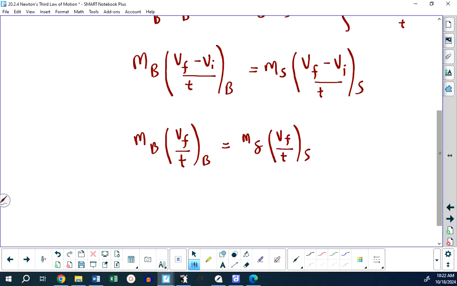And then I'm going to do this. I'm going to forget about the time. I'm going to cancel the time. I'm going to multiply both sides of the equation by t to cancel the t. Now, the final velocity of the ball is not going to be the same as the final velocity of the student.